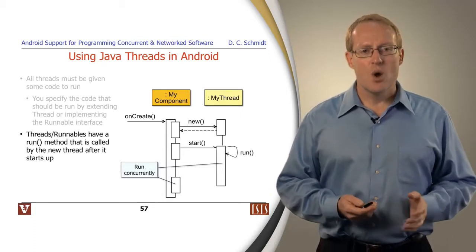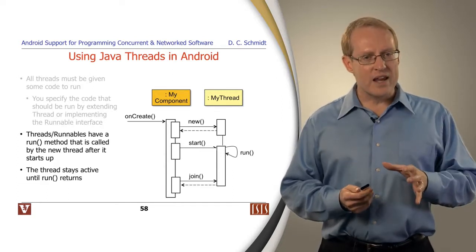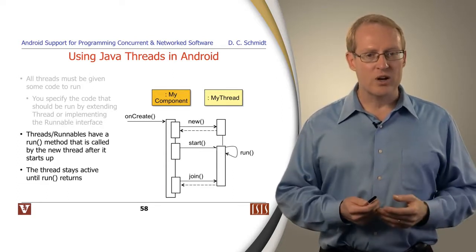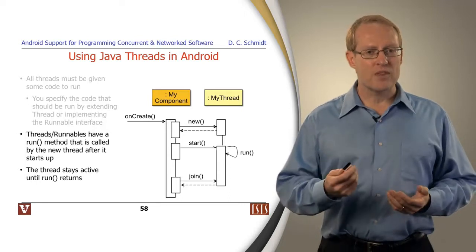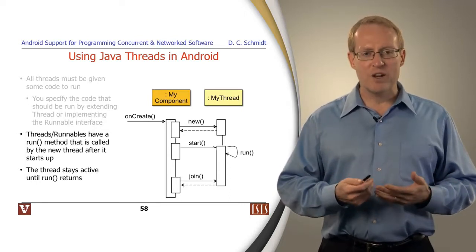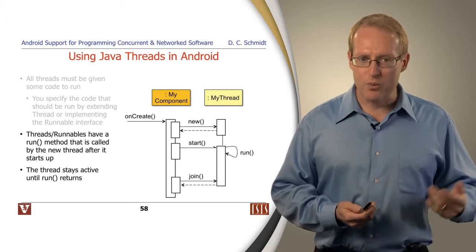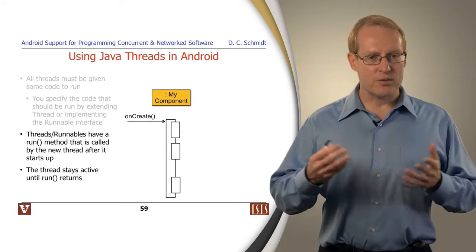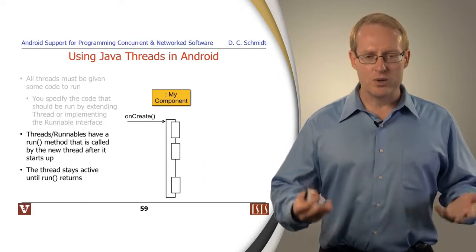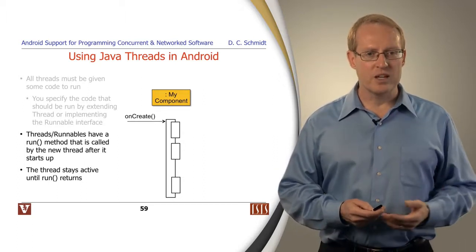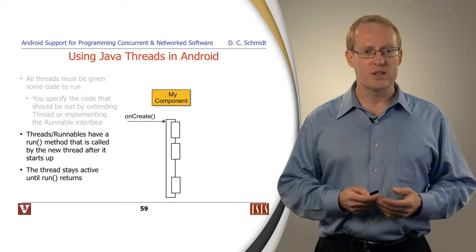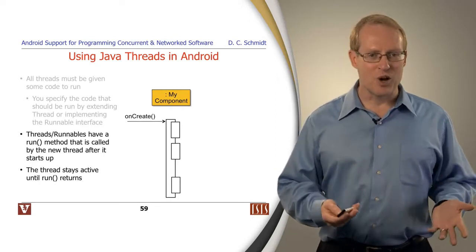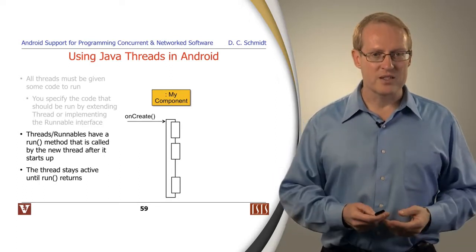When the thread that's been started is done, its run method will complete. Various things can happen. The main thread could join with it, or the thread could just evaporate at that point. When it's all finished, that thread disappears, its resources are reclaimed, and the program continues, of course, concurrently with other threads that are going on. And naturally, you can spawn lots of other threads, and they can be doing other things in parallel to all of this.